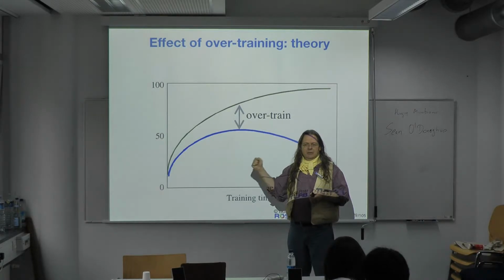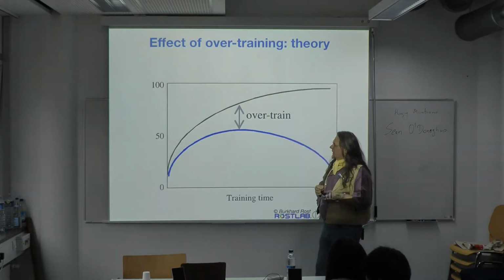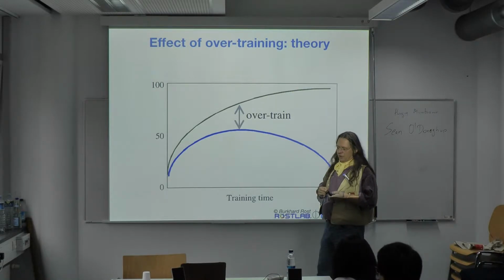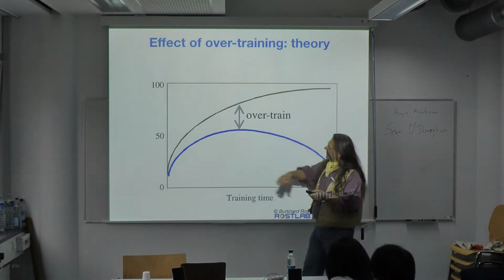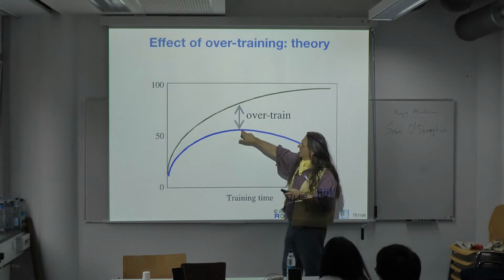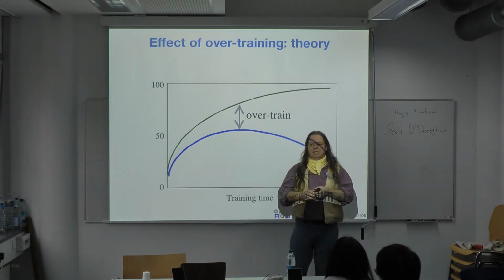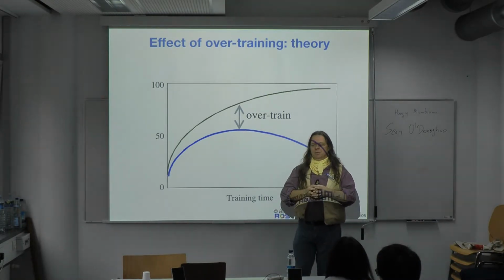Okay? Now, let's assume that for 5, although I do not reach 100, my test set has a higher value than for 25. Which one do I take?